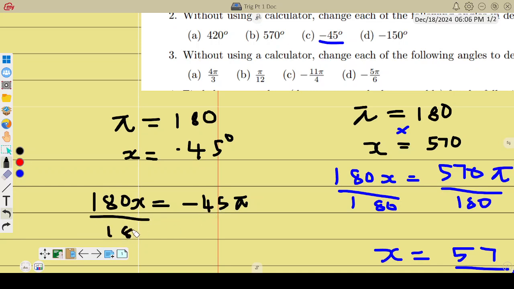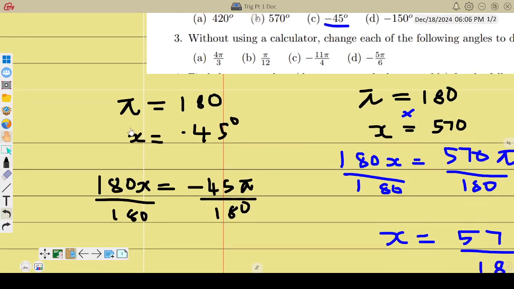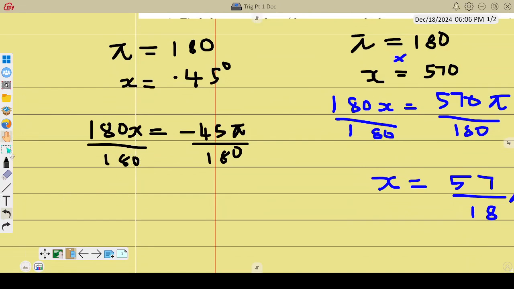Same thing, we divide by 180, divide by 180. What's remaining is just to simplify. So x is equal to, we can divide by 5, so negative 5 into 45 is 9, over 5 into 180 is 36, and we have a pi.